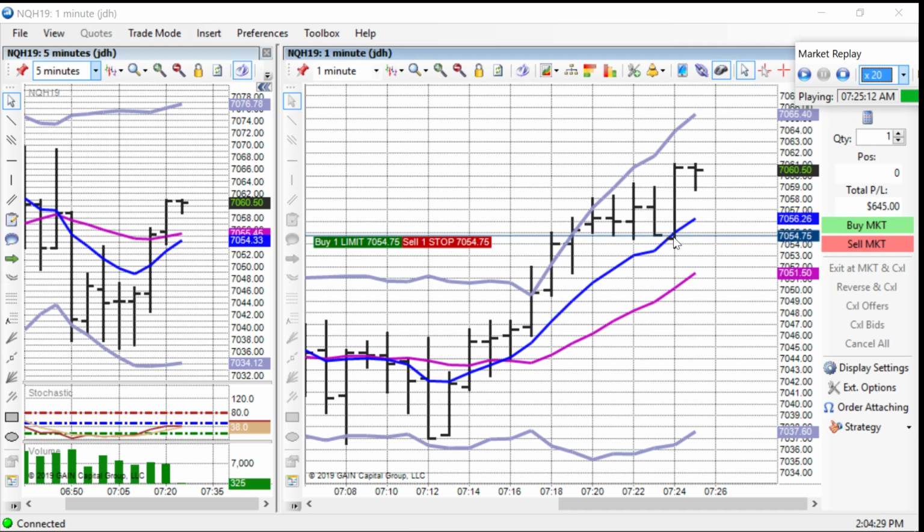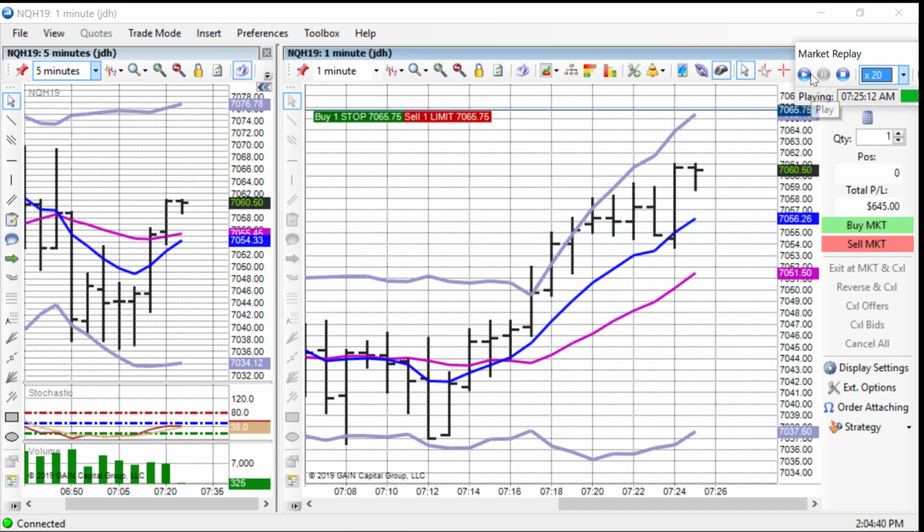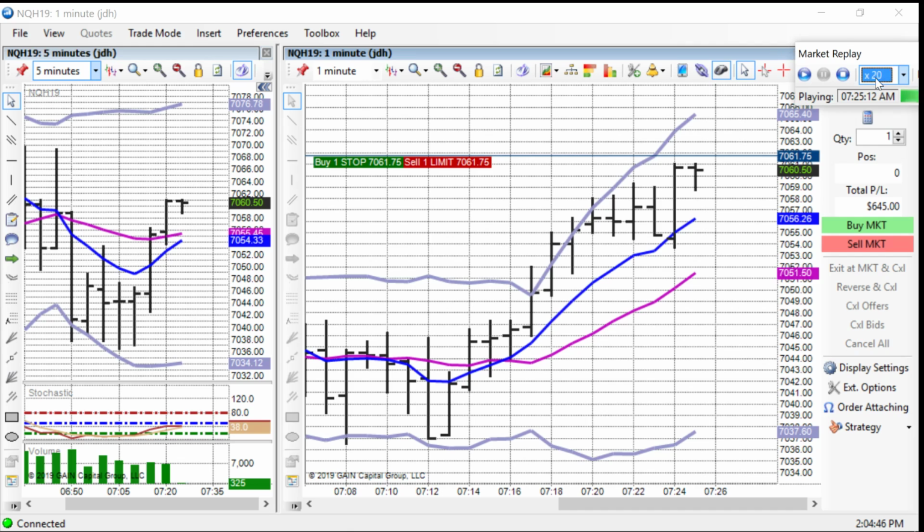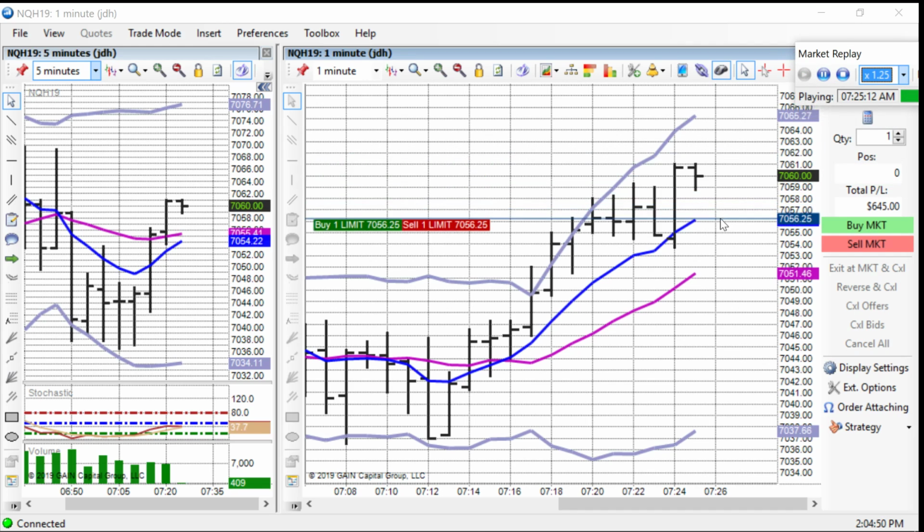Those are hard to catch, but that would have been a legitimate trade right there. But we had all that other information going into it, so I was ready for it. If I didn't speed this thing up, I probably would have caught that in real time. And so I'll just slow it down again and see if I can.